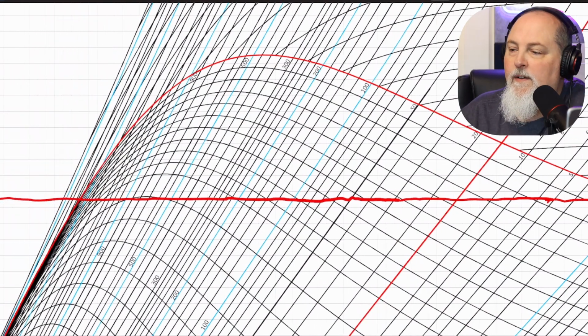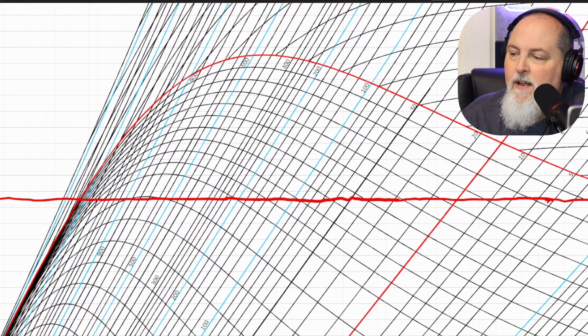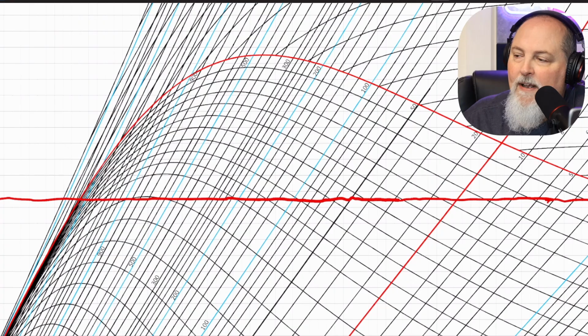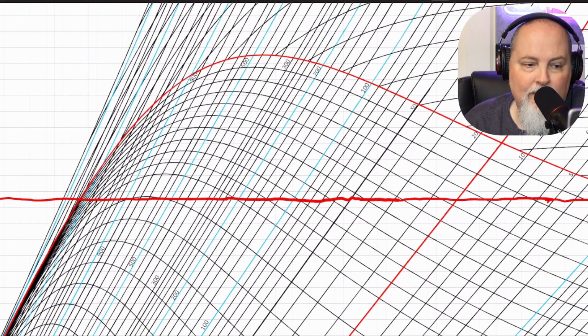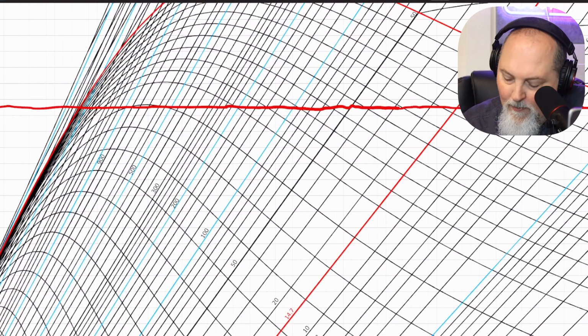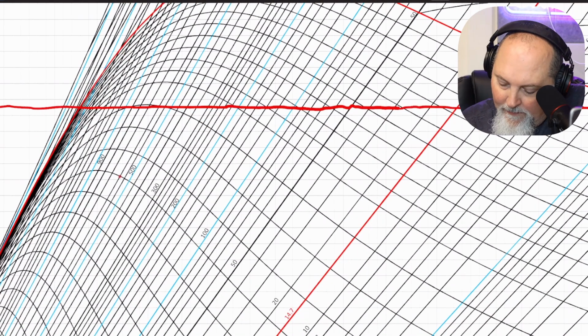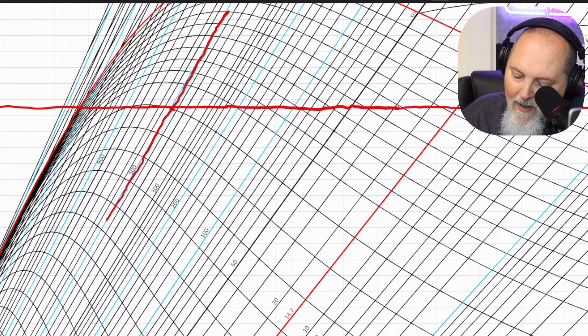And then you'll see that it says the quality of a saturated mixture at a pressure of 500 psia at that enthalpy. So now we need to find the pressure lines. If you look right here is the 500 psia pressure line. So I'm just going to follow that up. So this is 500 psia. So now we've got a point where they cross.